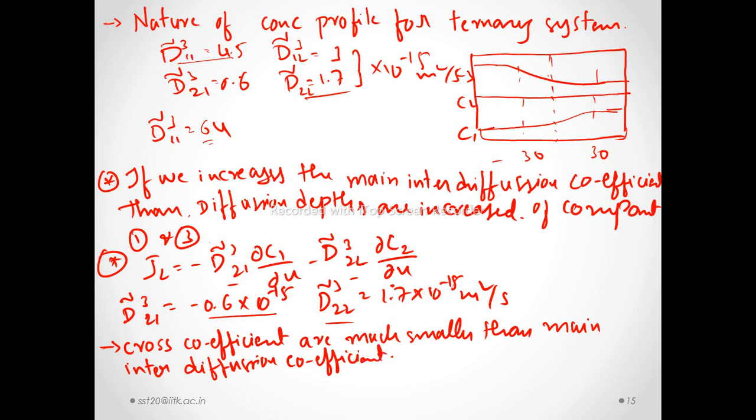Due to this reason, it's flat. If the cross coefficient is very small, then the concentration gradient of another component is not at all affecting the flux of one component. That's why the concentration is the same.